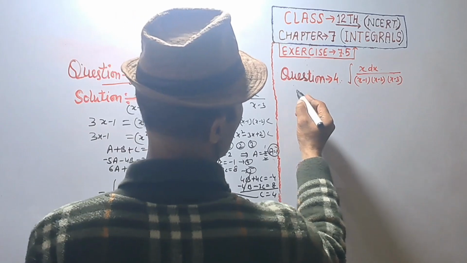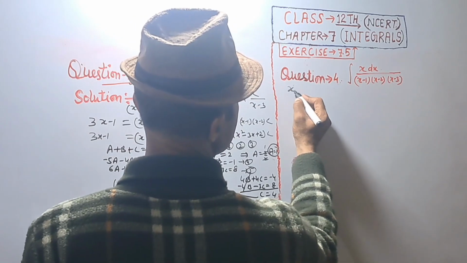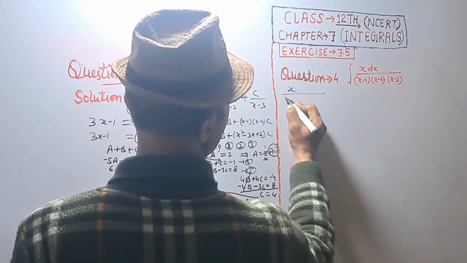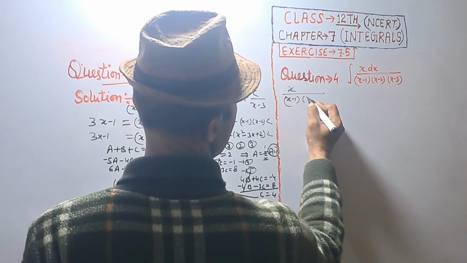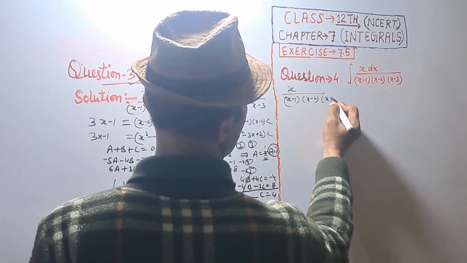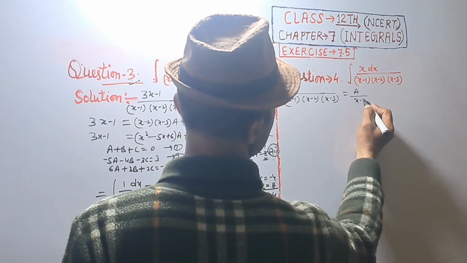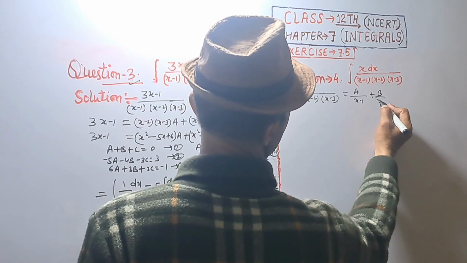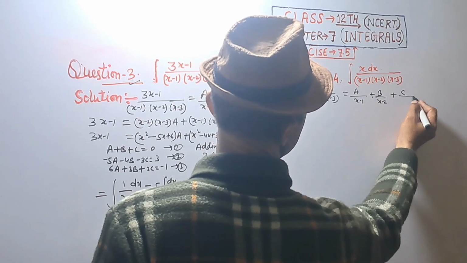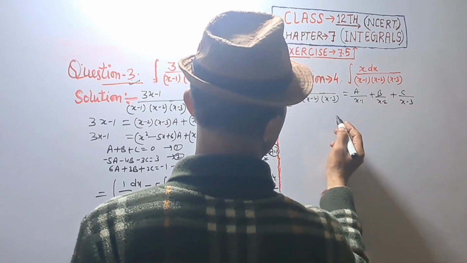Answer. Question number 4. X upon (x minus 1)(x minus 2)(x minus 3) is equal to A upon x minus 1 plus B upon x minus 2 plus C upon x minus 3.